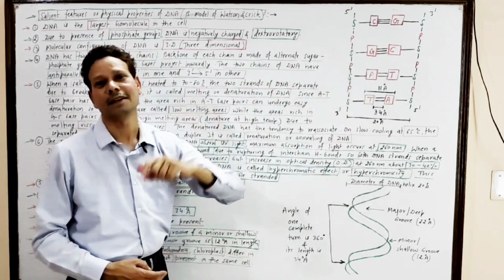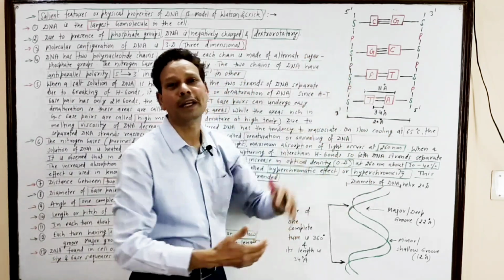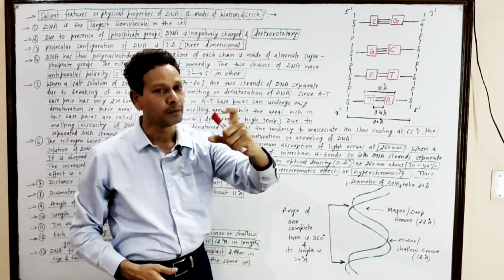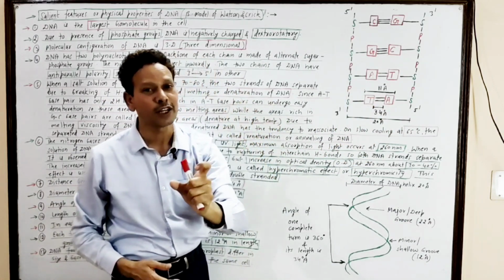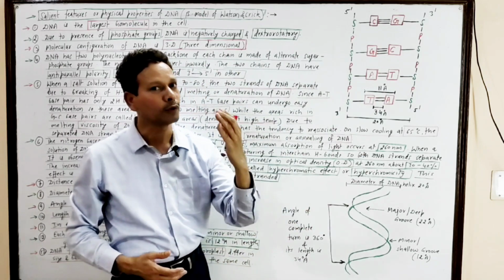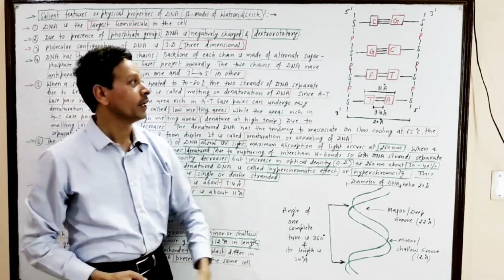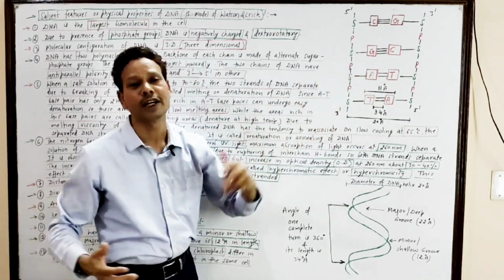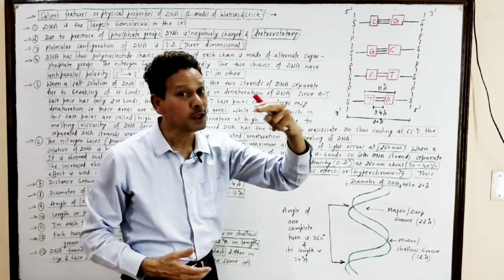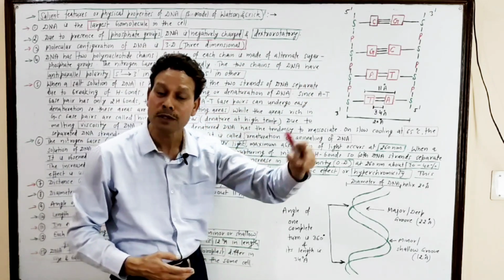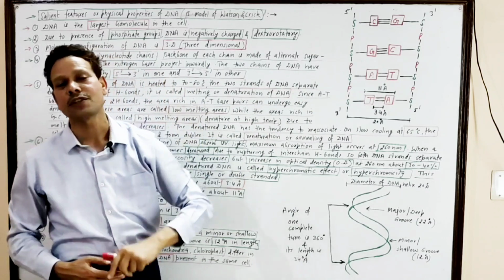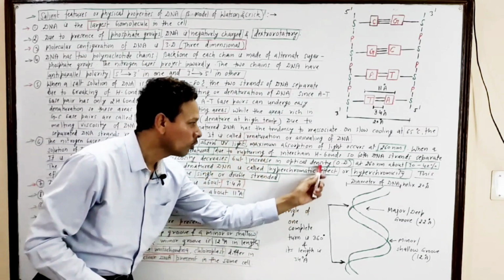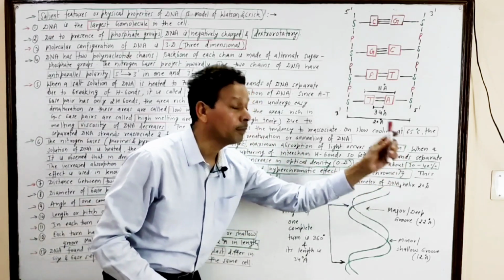In denatured DNA, the viscosity decreases. Optical density of denatured DNA increases by 30 to 40%. It means the denatured DNA absorbs more UV radiation at 260 nanometer. This effect is called hyperchromic effect, or hyperchromicity.